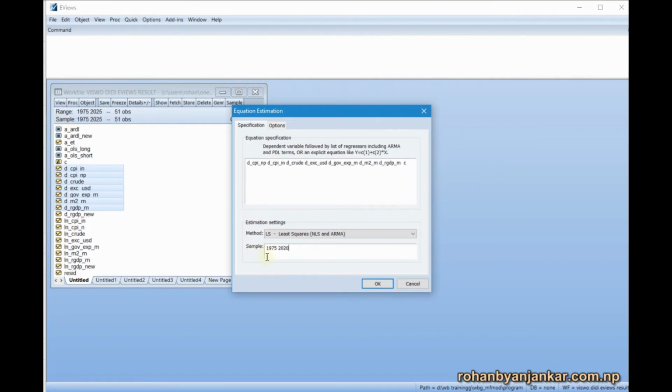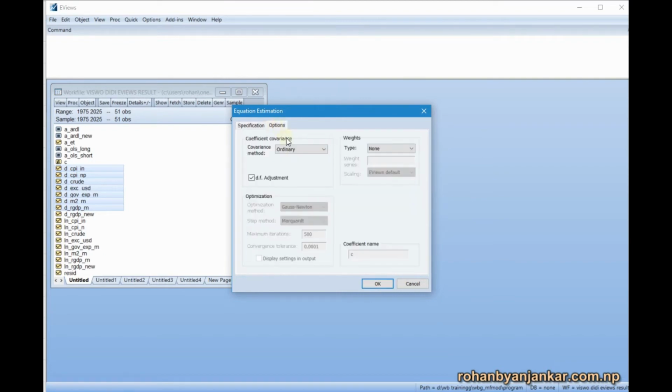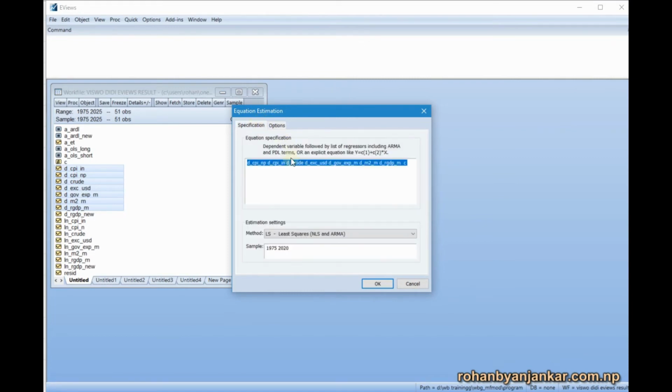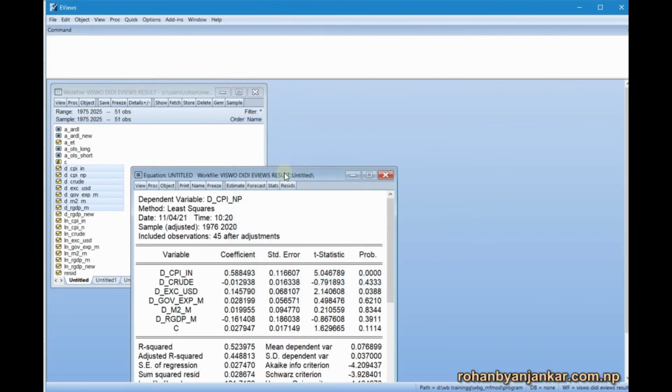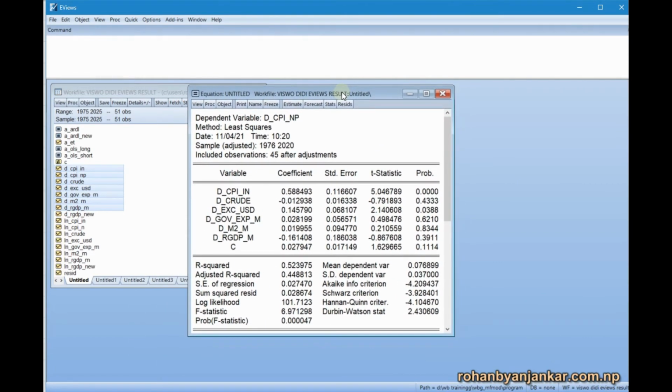So I will manage it here, and you can also reduce the sample size from here. You can also keep 1990 here if you want, but I don't want it, so I want it all up to 2020. Let's check the options. Here all is okay, and let's click OK. So the result is ready.